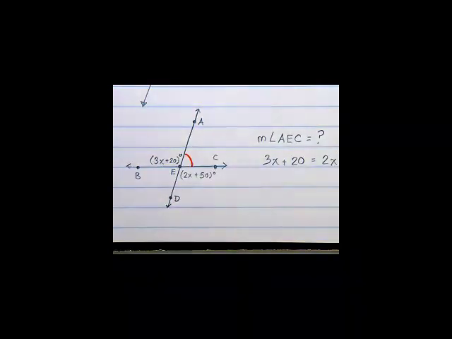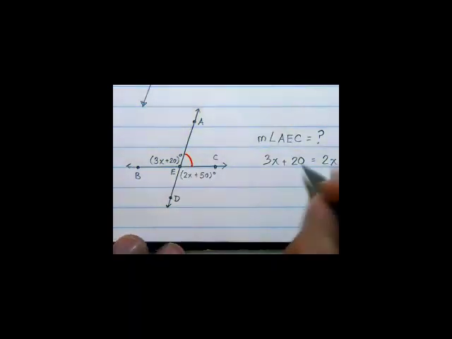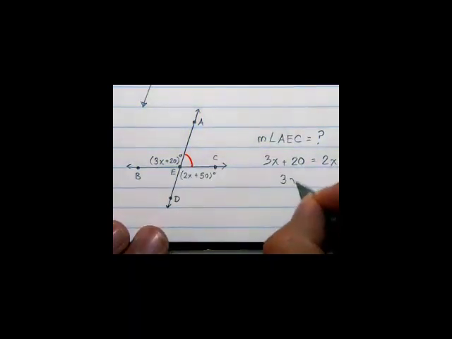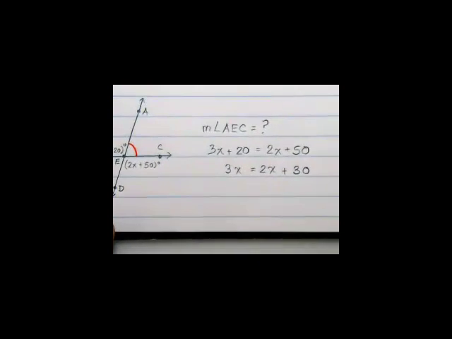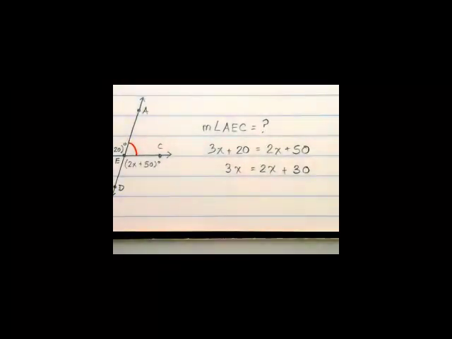Can anybody give me a first step here to getting this thing going? Okay, so that would leave me with 3x equals 2x plus 30. Somebody else? Zach, yeah? Sorry, I did it a different way.